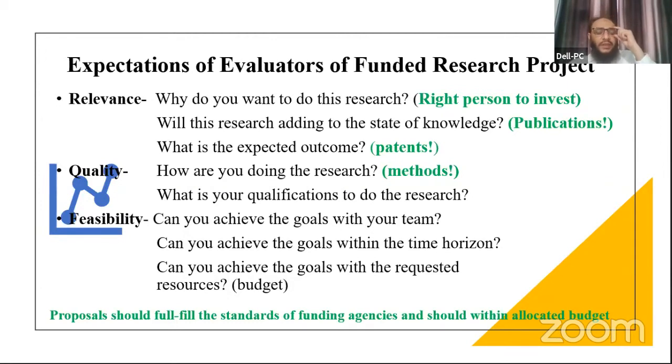Relevance is going to be judged on at least 3 parameters. What do you want to do in this research? Why do you want to do this research? Any evaluator can ask a simple question: why should I invest in you? Are you the right person to invest in or not? So you have to justify, yes, I am the right person, and my research proposal is very relevant.